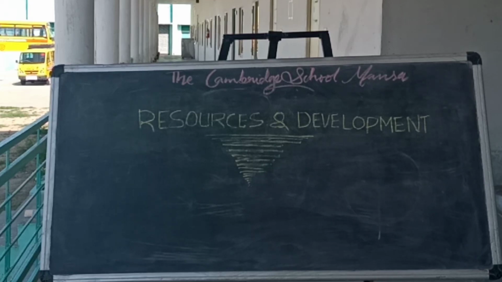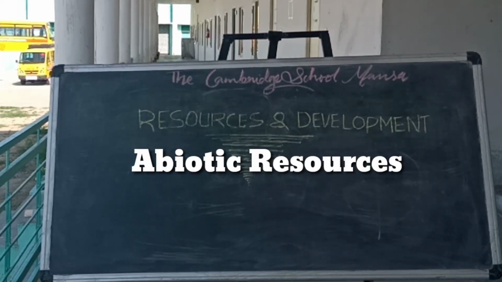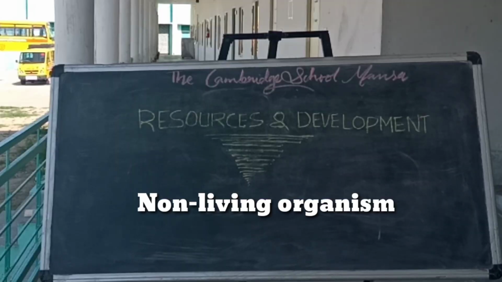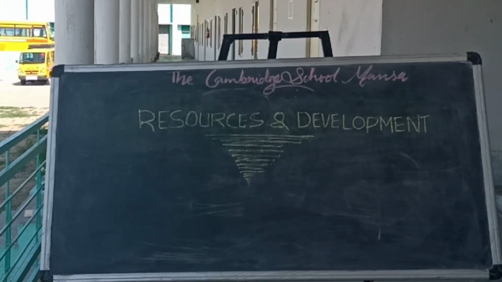The next is abiotic resources. Abiotic is the opposite of biotic, so these things are non-living. Do you think non-living things can also be part of resources? Yes. There are certain things which have no life, but we can say they are resources.